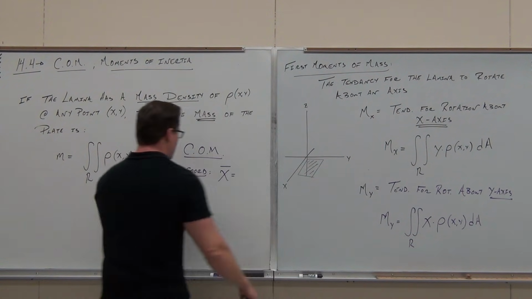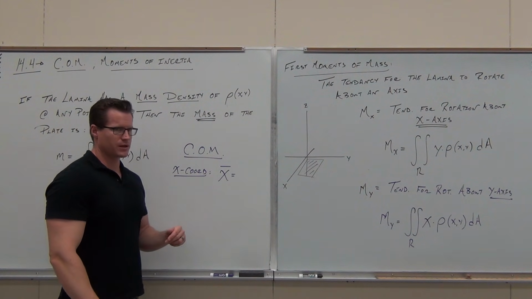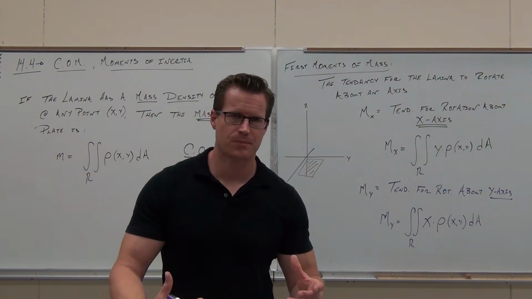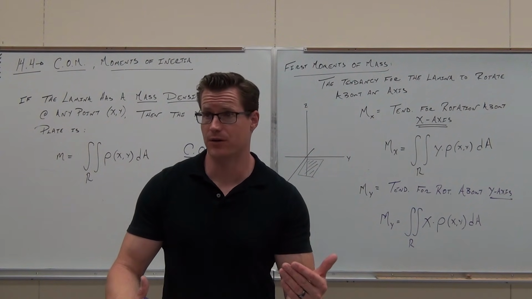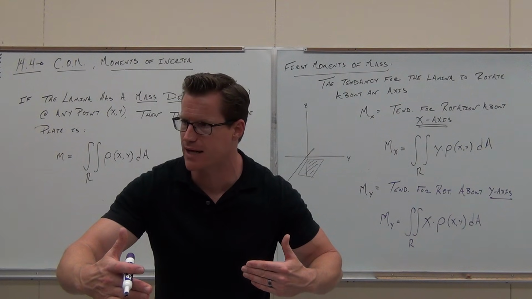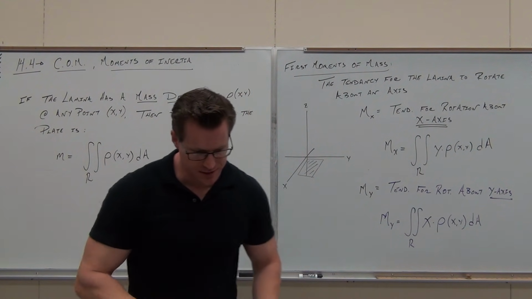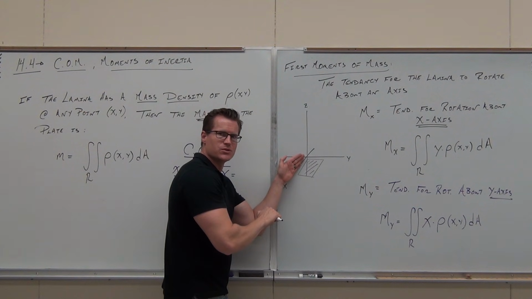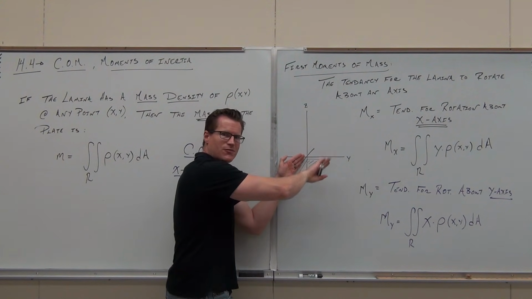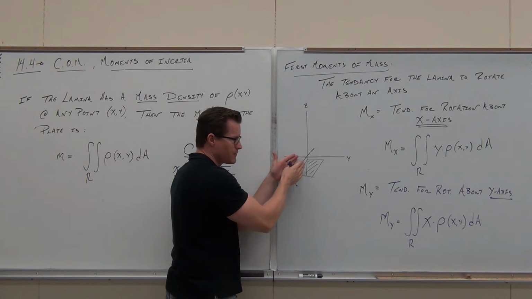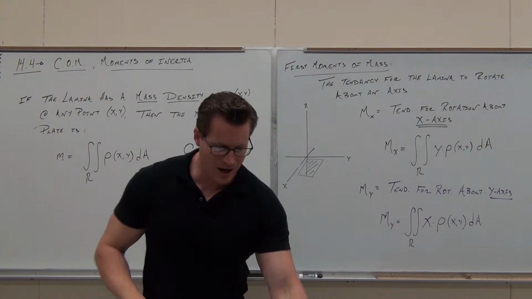What this says is, if I want to find the x-coordinate of the center of mass, I'm going to basically average the mass density function as it relates to distances away from the x-axis. Please listen carefully. The distances away from the x-axis are all going to be y values. Do you see it? They're all measured in y values. So if I want to find the average away from the x-coordinate of that, it's going to be y values.